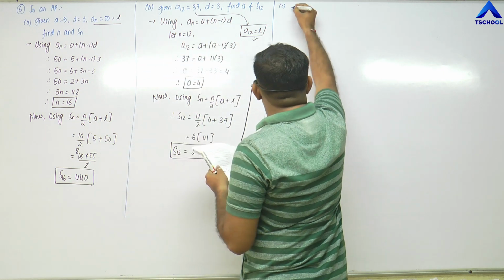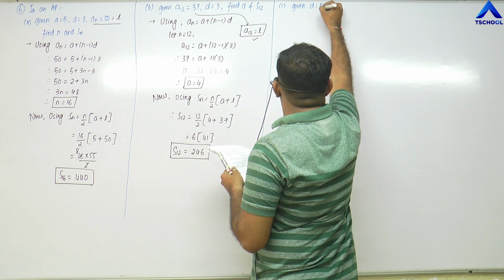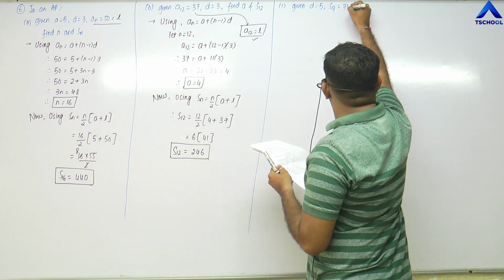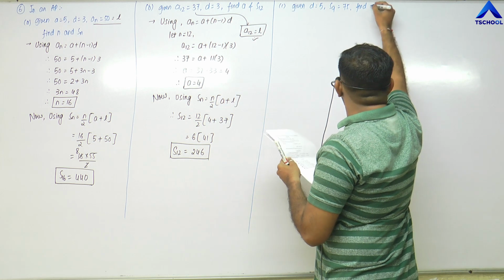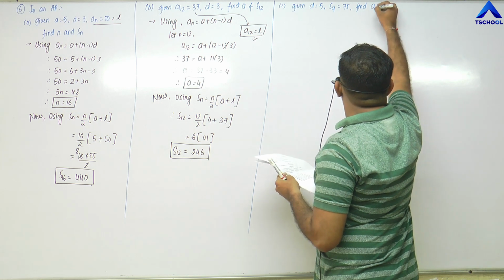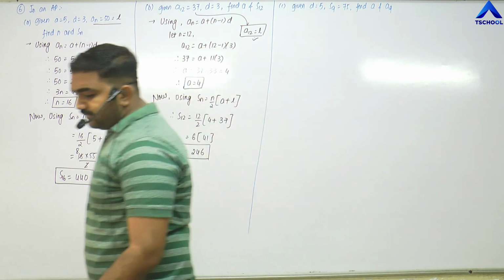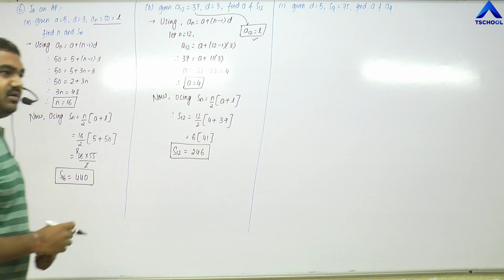We are given D equal to 5, S9 is equal to 75. Find A and A9. That is the exact reverse case. Sn is given, now we need to find out An.